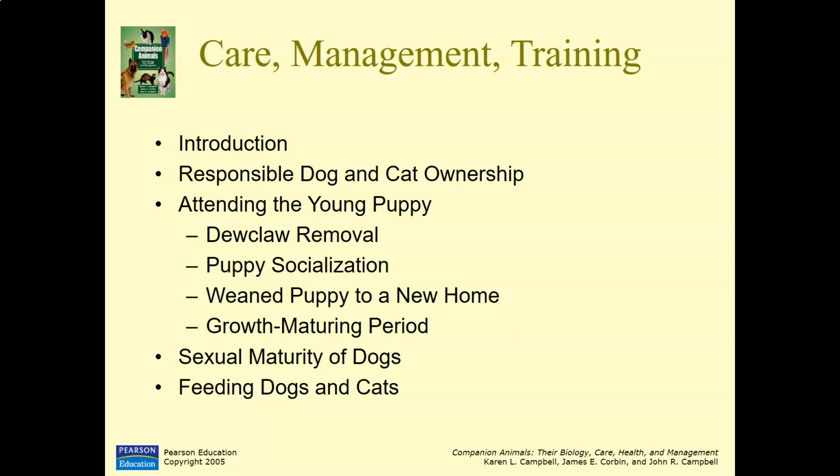Comply with local leash laws, and get their vaccines so they are protected from disease. Be a good neighbor by keeping your pet in and not letting it constantly go onto your neighbor's lawn. There's a lot to consider when you're going to be a good dog or cat owner, right?